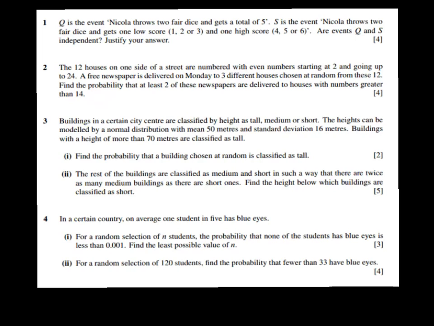There's a few ways that you could do this. The assessment schedule looks a bit confusing, but I guess to do a probability from a combinations question basically involves setting up a fraction, and on the denominator of the fraction is all the ways that you could choose the 3 houses from the 12, so 12C3. And the numerator is all the ways that you could choose the houses that you want to meet this criteria, which is at least 2 of them being delivered to houses with greater than 14.